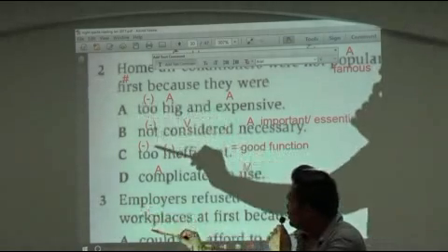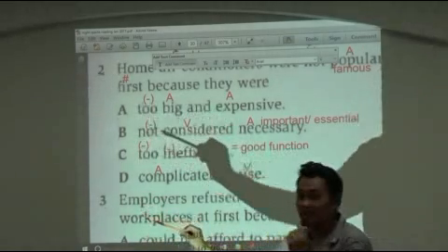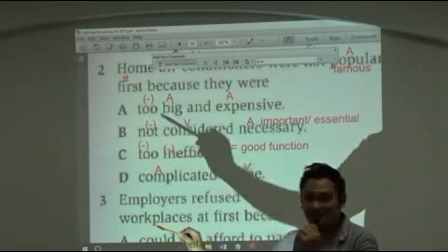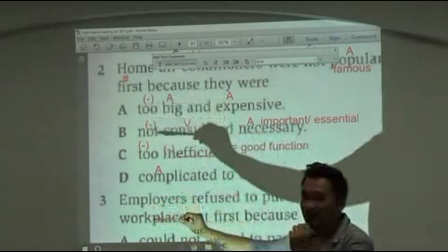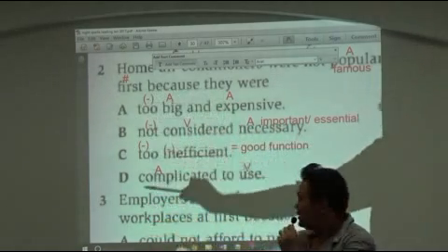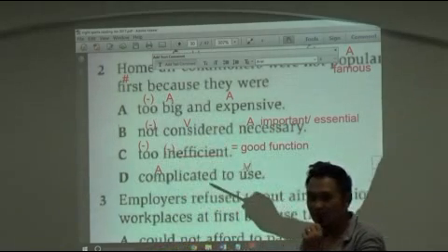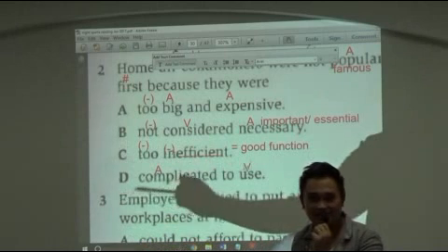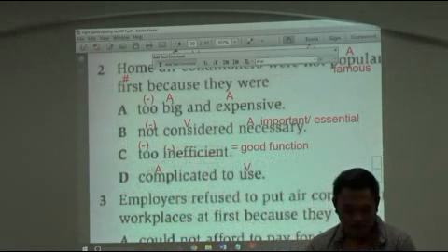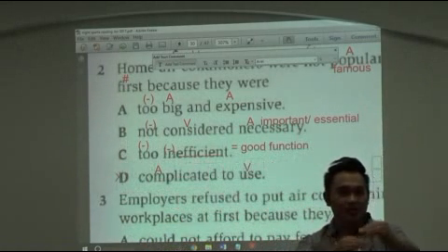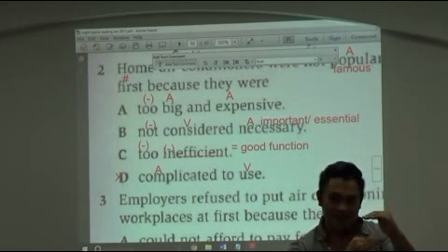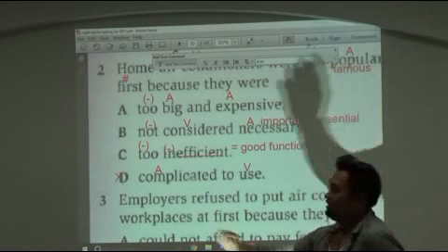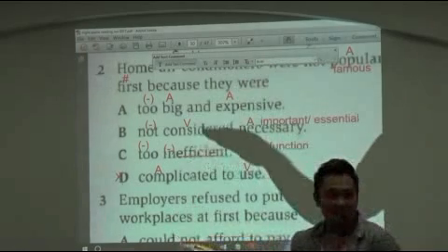Too, not. Negative, isn't it? Negative, negative, negative. What about this one? No. D is wrong. Understand? In multiple choice, the answers are always similar to each other.